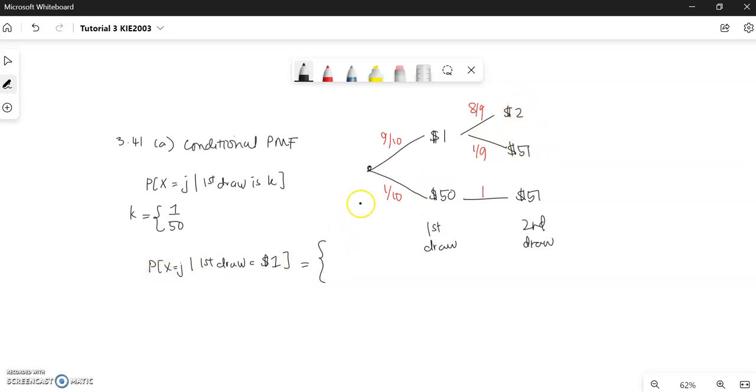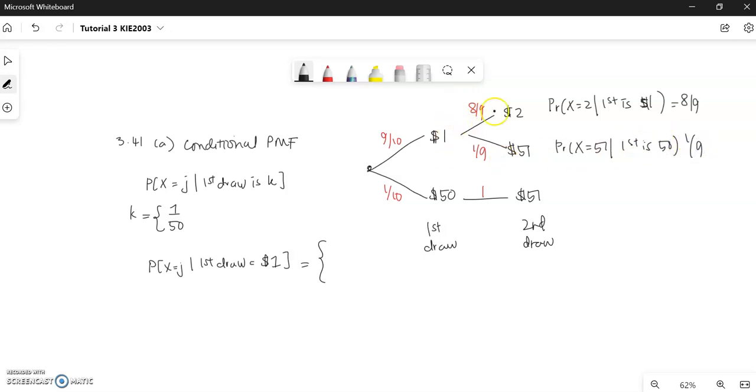So here is the probability of X equals 2 given the first draw is 1, which is 8 over 9. And the probability of X equals 51, given the first draw is 1, is 1 over 9.